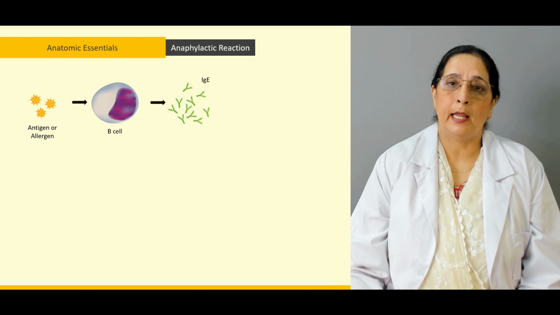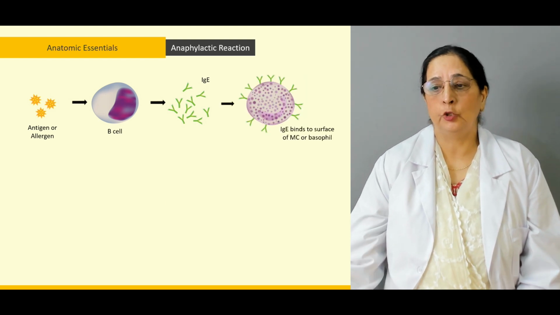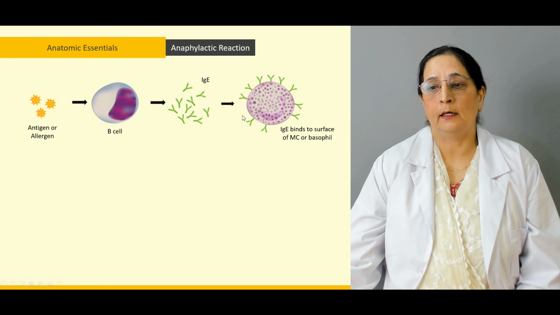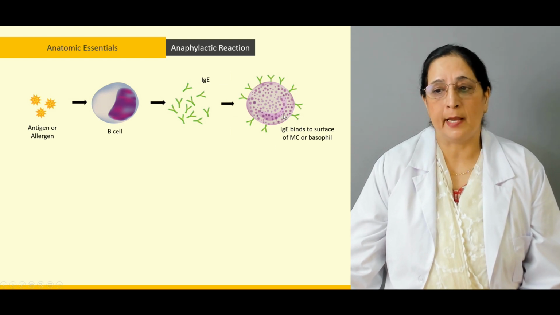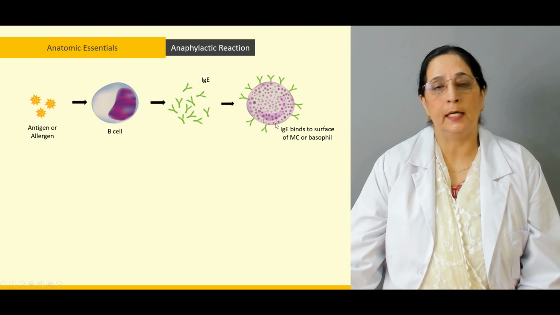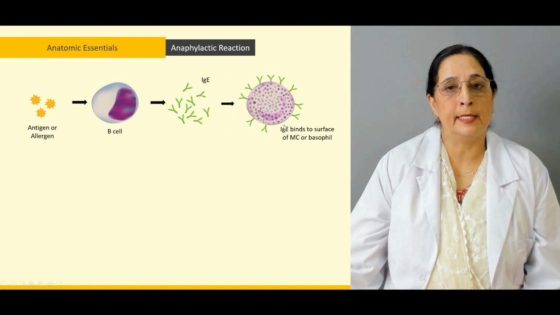This then attaches to the surface of basophils or the mast cell. These are the basophil or mast cells, and you can see the antibodies attaching to the surface of the mast cell or basophils.